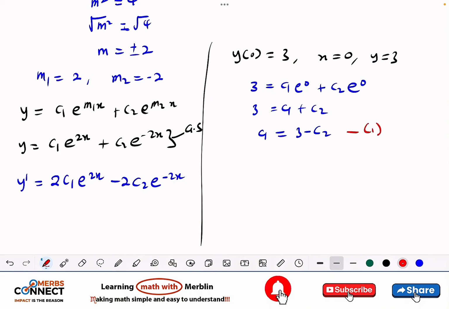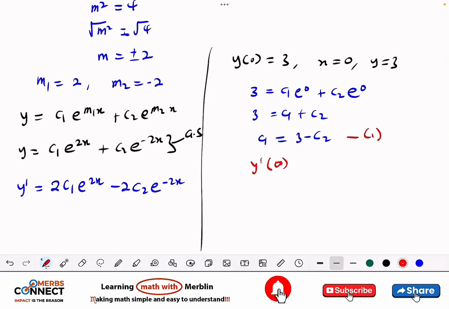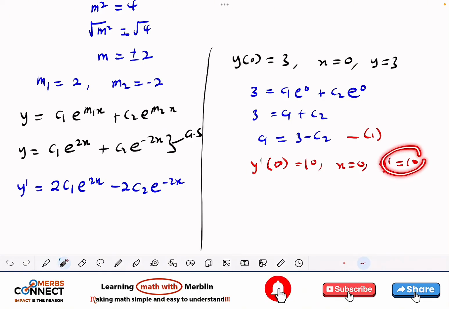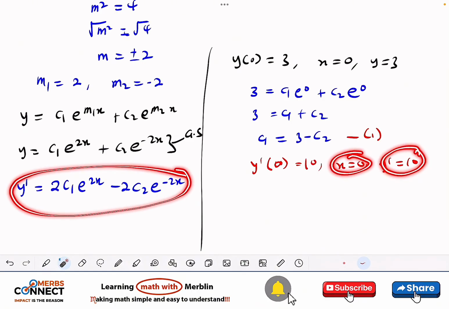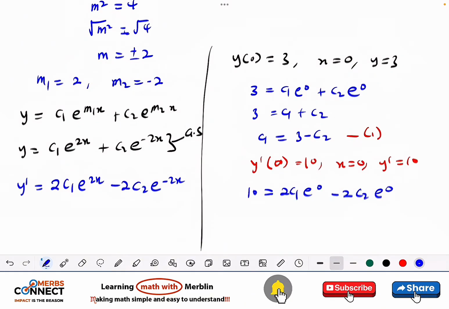Let's say equation 1. Let's use the other initial condition. y prime of 0 is 10. So x is equal to 0, y prime is equal to 10. The one that involves y prime and x is the one where we took the first derivative. So this is going to be 10 is equal to 2c1 e to the power 0 minus 2c2 e to the power 0.